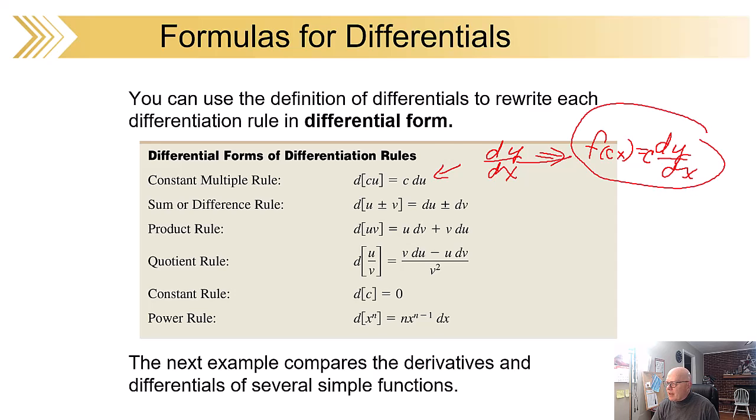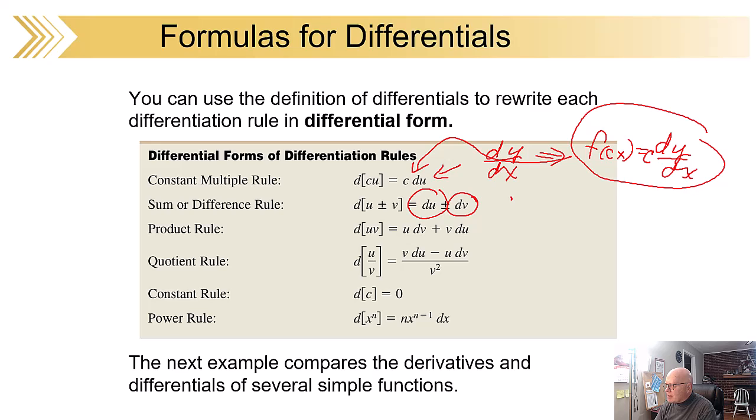This and this look about the same. You just move that c out front. The second part says you can take those individual parts and take the derivative of each one, but now you've got a differential equation instead of a straight derivative. If you go back and compare those, you'll see the difference.